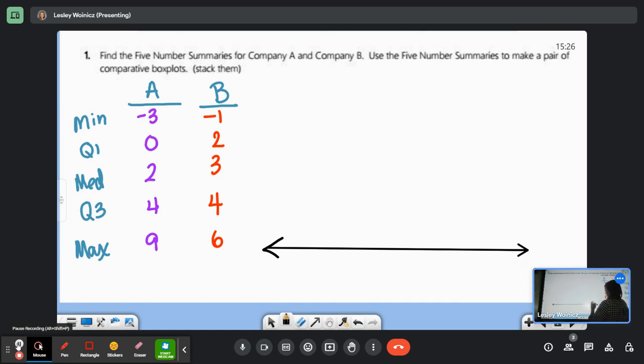Okay, so here's -4, -2, 0, 2, 4, 6, 8. Okay, I didn't do it wide enough. I did it too close. -4, -2, 0, 2, 4, 6. Now I did it too far.